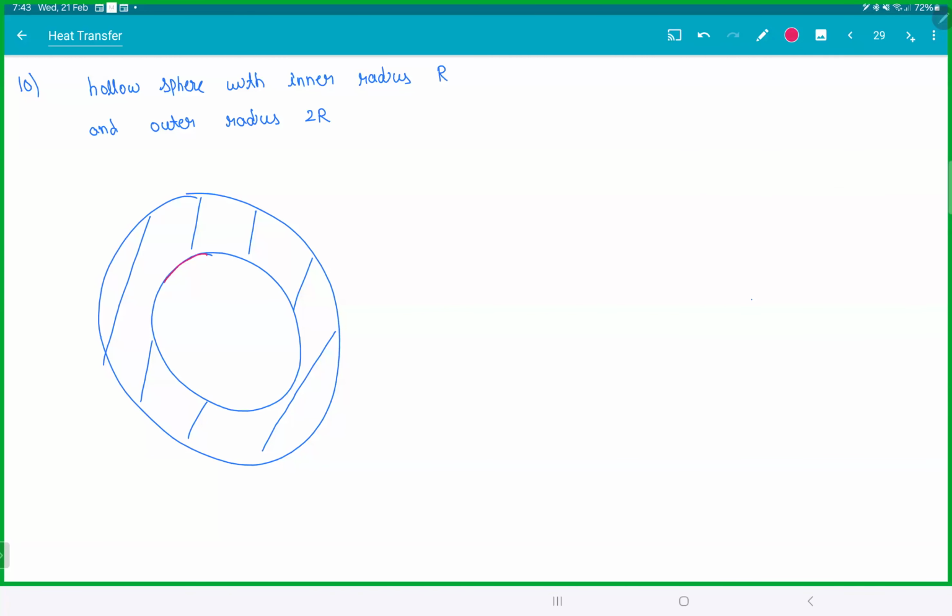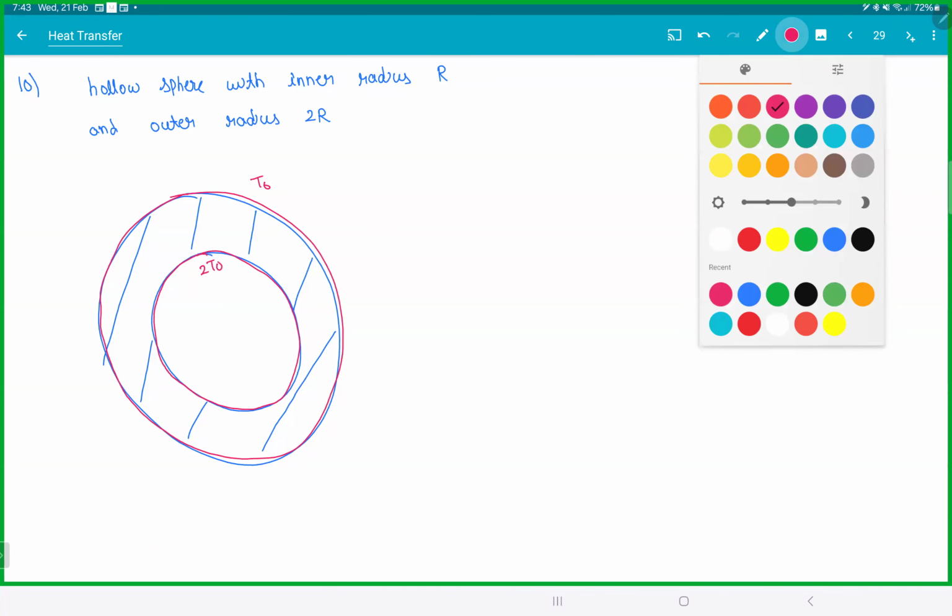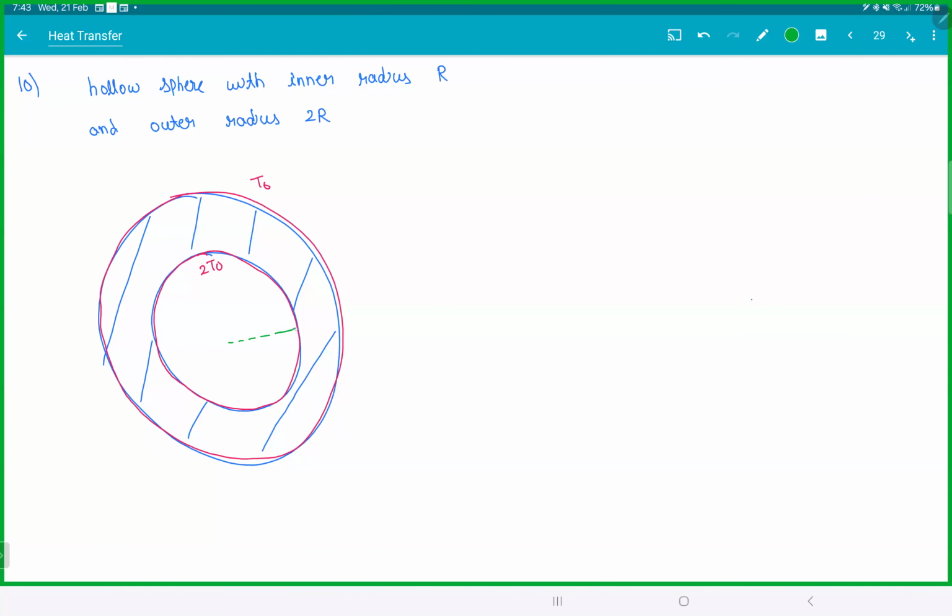So this entire inside, you're maintaining at 2T naught. Entire outside is T naught. The heat is flowing again radially. It's not a disk, everyone. So this is radius R. This is radius 2R. This conductivity is K. So heat is flowing radially.